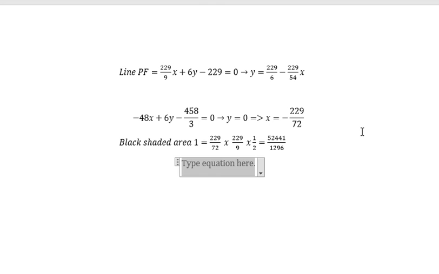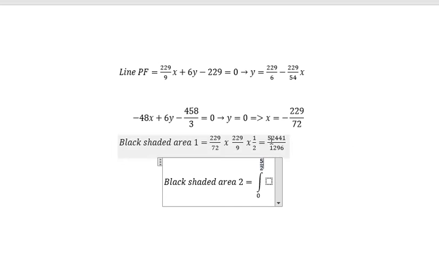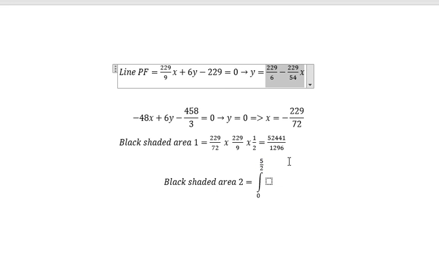So we find the black shaded area 2, which equals the integral from 0 to 5 over 2 of this.